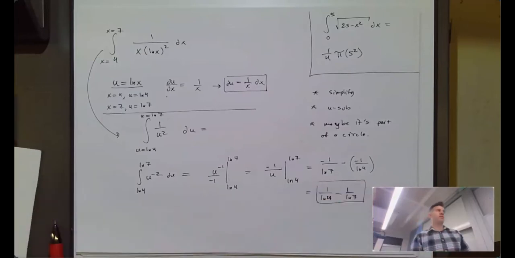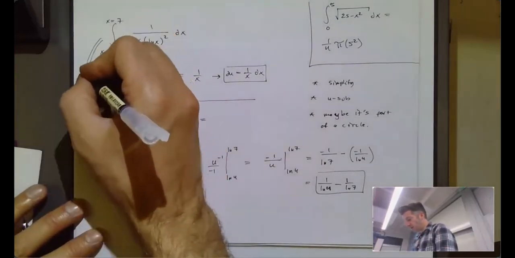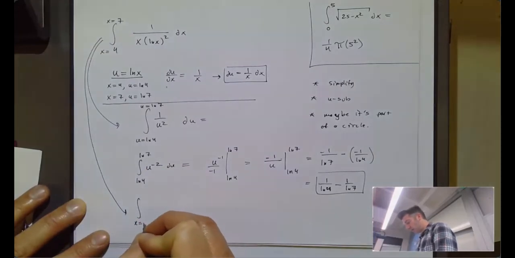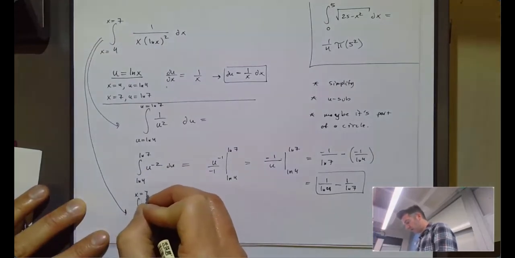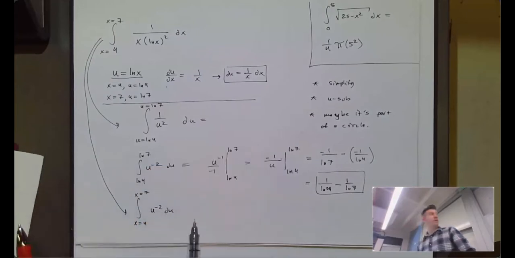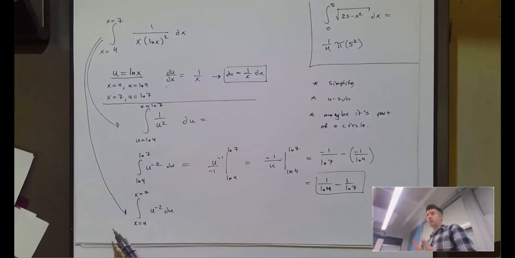Now, some people don't like doing it this way. It's totally fine. The other option, if you prefer, is to just do the integral and leave my limits alone, from x equals 4 to x equals 7 of 1 over u squared, or u to the negative second. If you do it this way, I really recommend writing x equals and x equals, so the person reading your work knows that you thought about the fact that you weren't changing them.